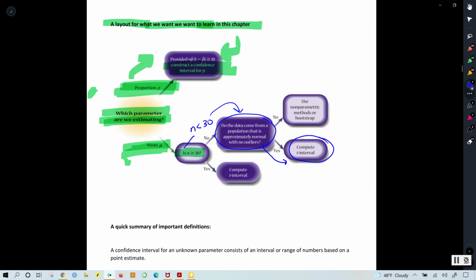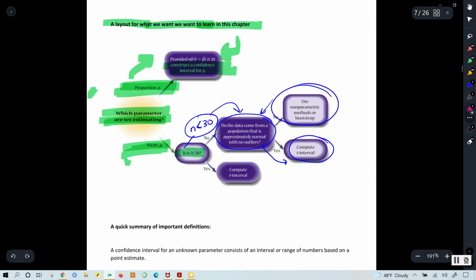However, if the sample size is less than 30 and there is no evidence that the sample data could come from a normal distribution with no outliers, then we have to use non-parametric methods or the bootstrap method. In this class, at this level of statistics, we will not go into this part, but we will consider this case.